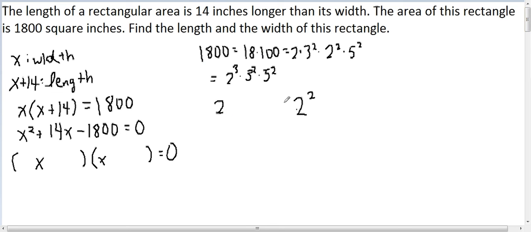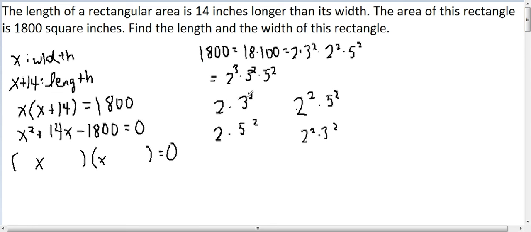Either this first factor gets 3 squared and the other factor gets 5 squared, or this first factor gets 5 squared and the other factor gets 3 squared. Let me write both of those possibilities out. So this gets 3 squared and this gets 5 squared, or this gets 5 squared and this gets 3 squared.